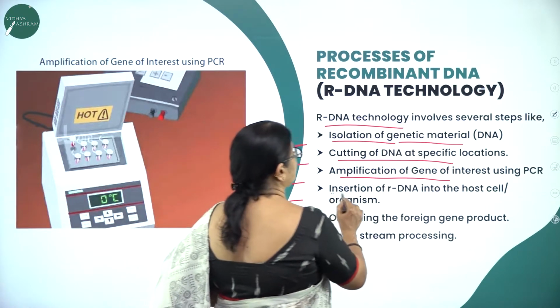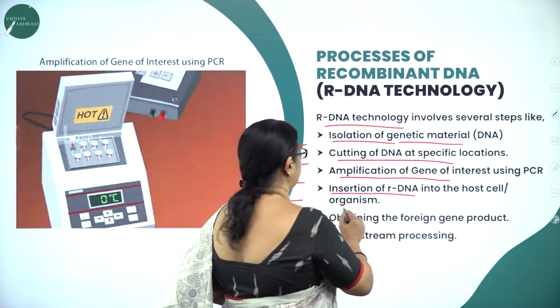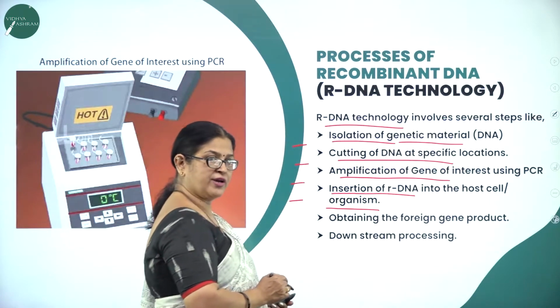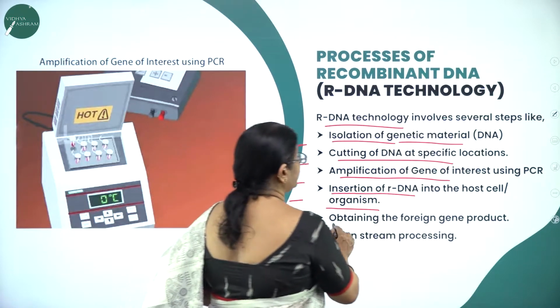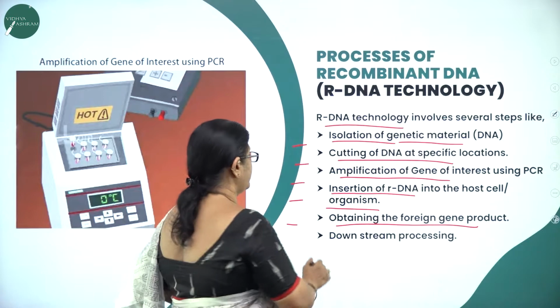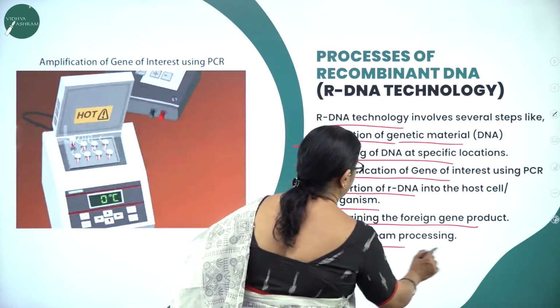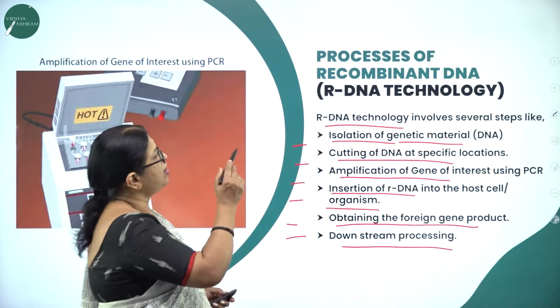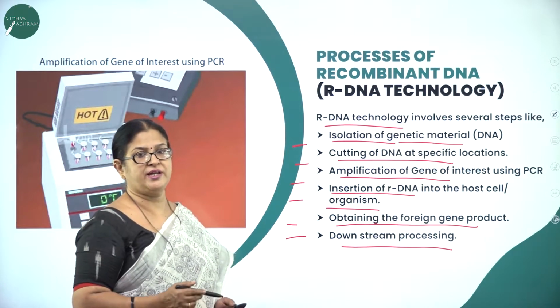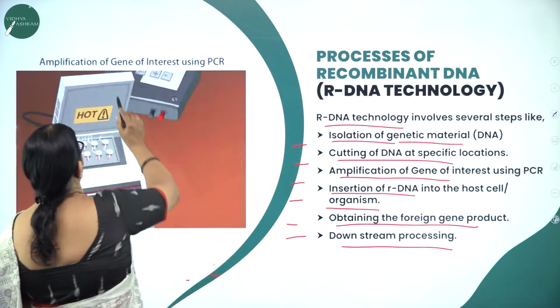Then insertion of rDNA into the host cell or organism. Next, obtaining the foreign DNA product. And the last but one is called downstream processing. All these are the steps involved in rDNA technology.